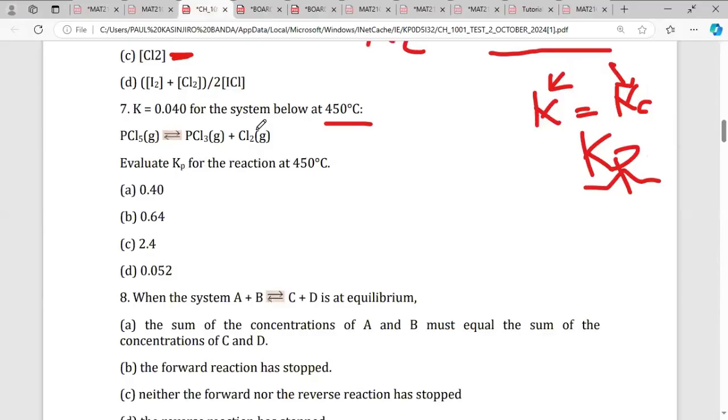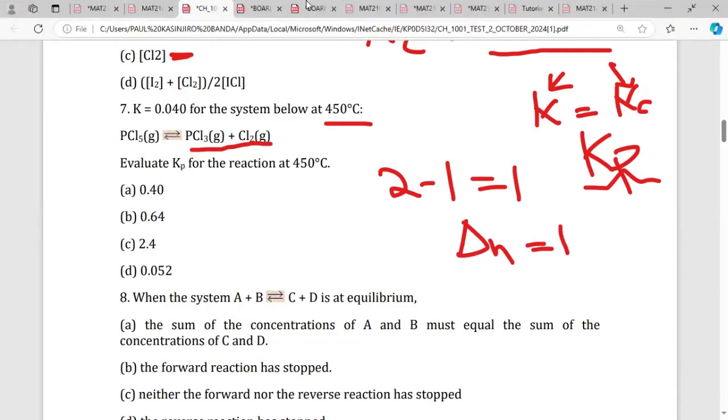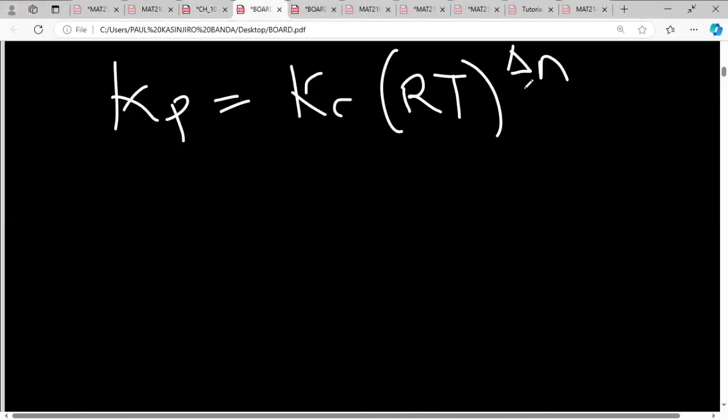On the product side, the coefficients are 1 plus 1, so we have 2. Then on the reactant side, we only have 1. So 2 minus 1 gives us 1. The change in n will just be equal to 1. So that's what we are going to put here, 1.